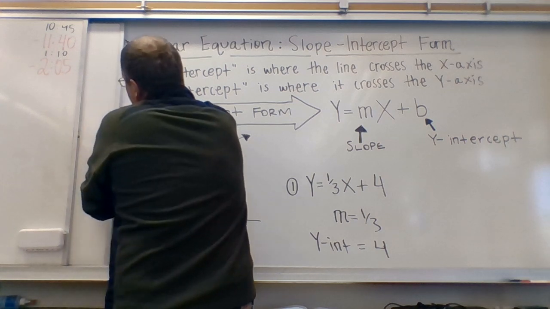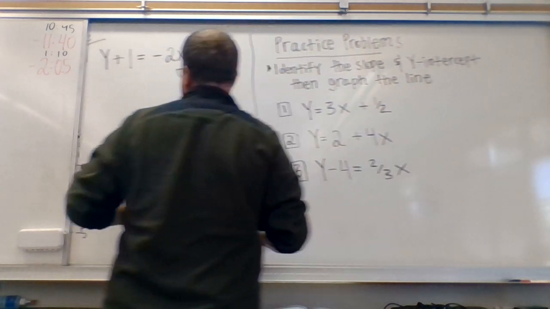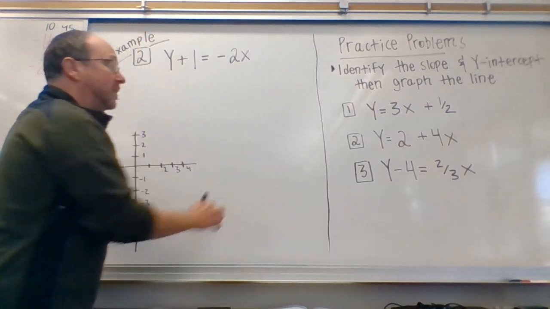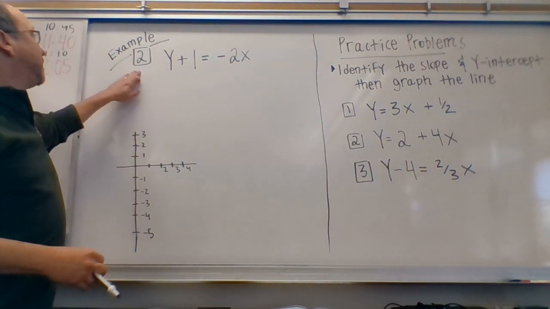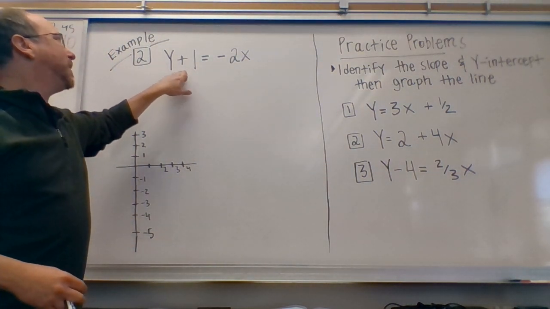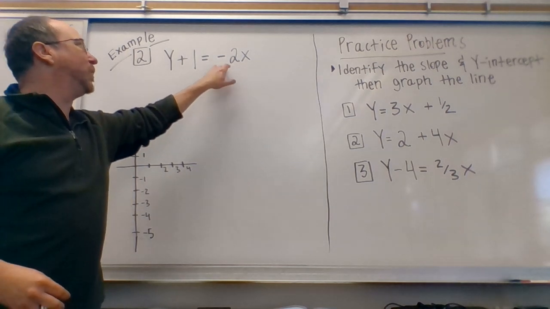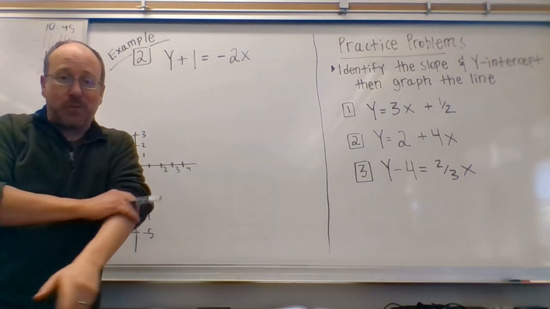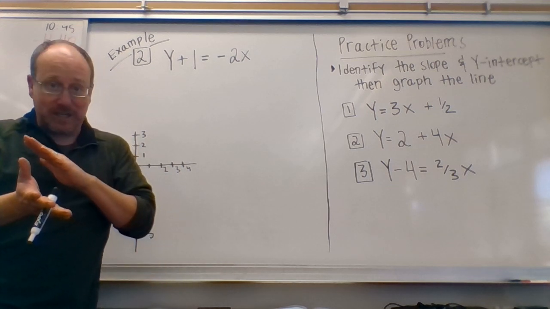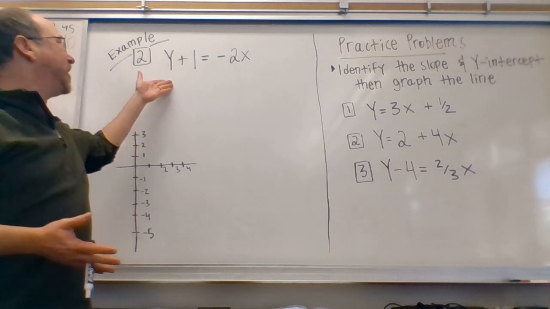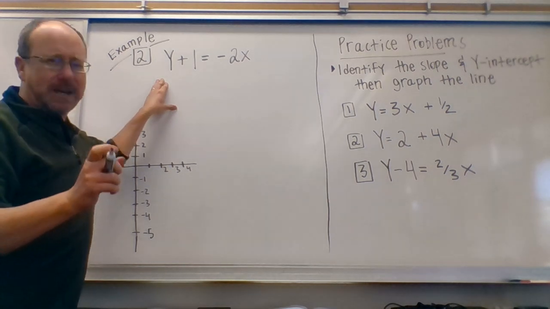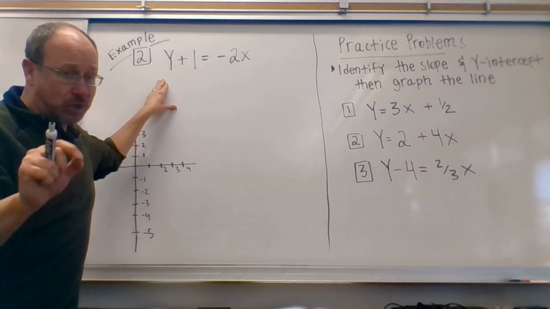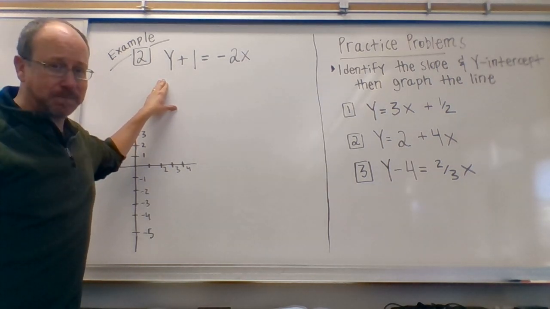All right, let's look at one other example, then let's do some practice problems. And that will be our work for today. Example number 2: y plus 1 equals negative 2x. Mathematics is about creative thinking, not about rigidity. So you should be thinking right now, wait, the slope-intercept form is y equals mx plus b.